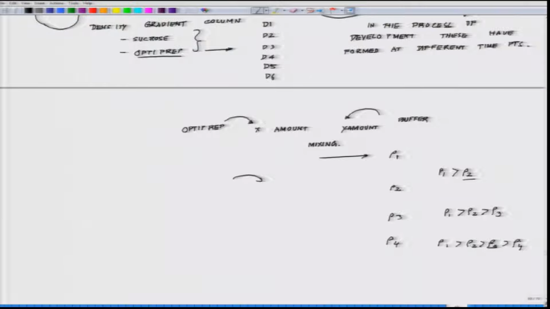Let us just stick to 4. Now I take a pipette, and I layer the highest density, 1 ml layering, and this layering has to be done very, very gently.